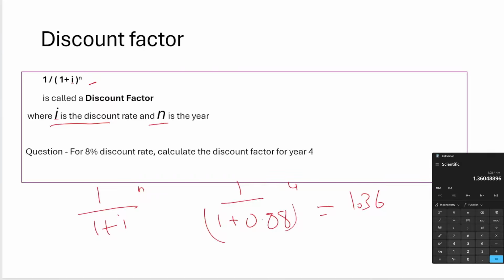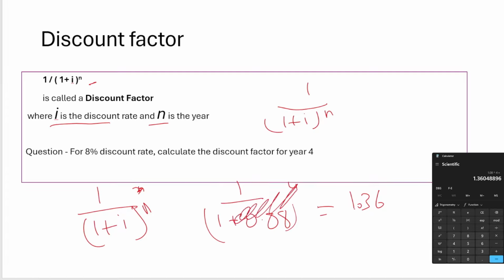Okay, my bad, there were some issues with the calculation. The power goes on this value, not on the whole of it. It seems kind of confusing from here. So this is the formula: 1 divided by 1 plus I to the power of n. So let's redo it together.